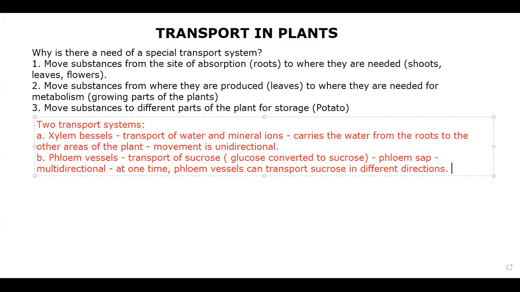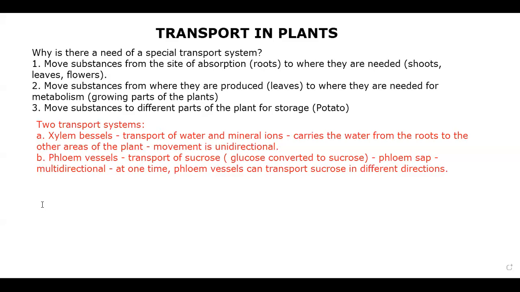Now, generally speaking, let's do a small revision of what you had covered in IGCSE. If you remember, you had studied two types of flowering plants, monocotyledons and dicotyledons. Monocotyledons only had one cotyledon inside the seed. Dicotyledons had two cotyledons inside the seed. You might have studied the differences between them.